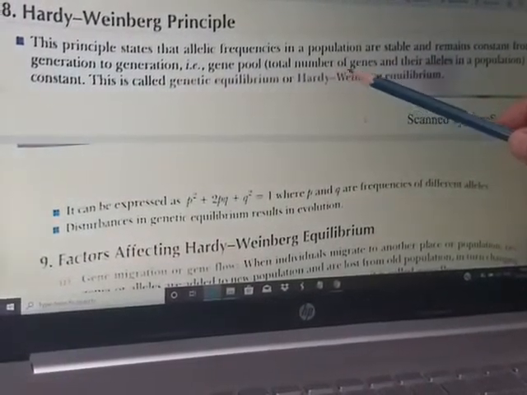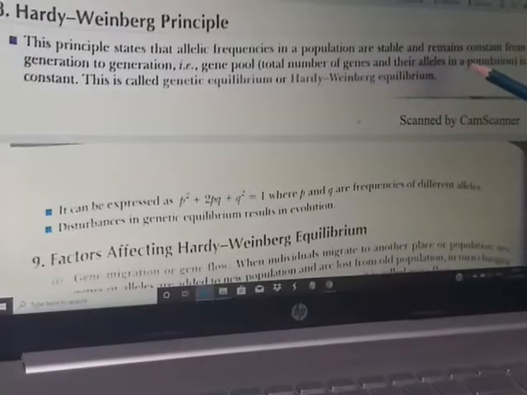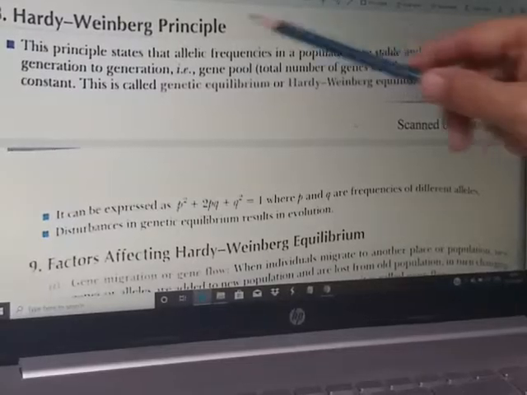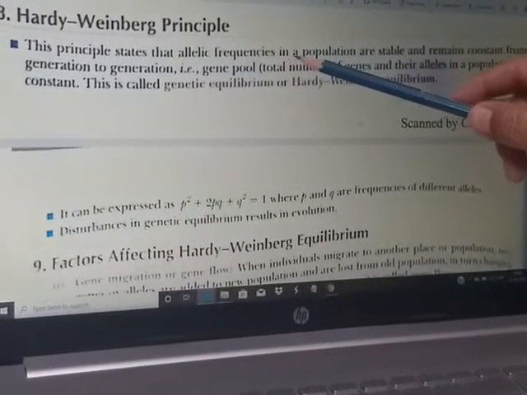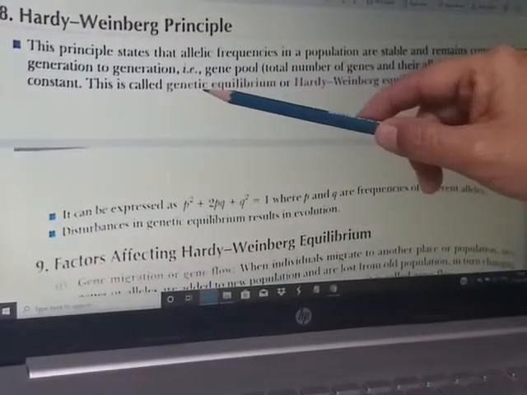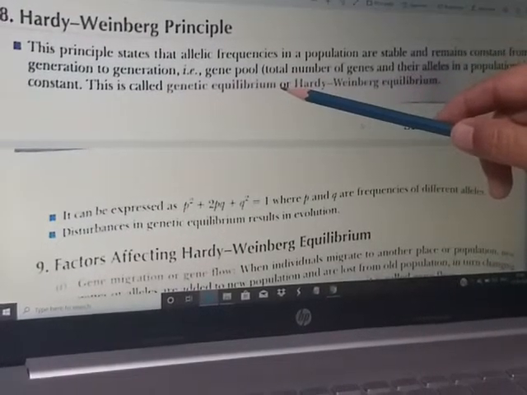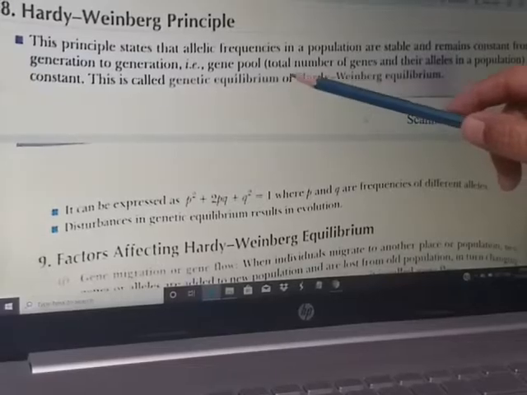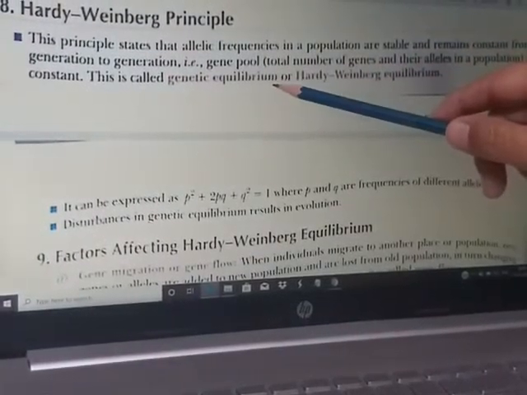What is gene pool? It is the number of genes and their alleles in a population. And this Hardy-Weinberg law brings our attention towards genetic equilibrium, or we can say Hardy-Weinberg equilibrium is actually genetic equilibrium.